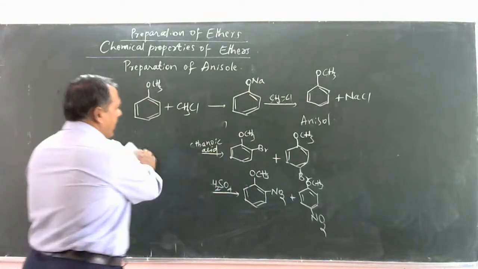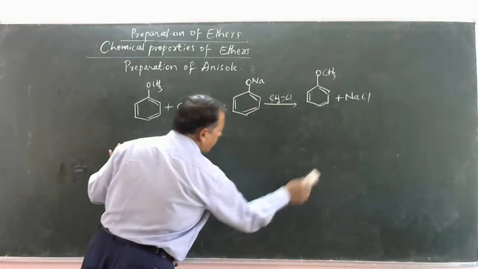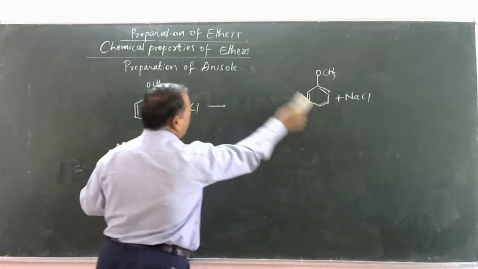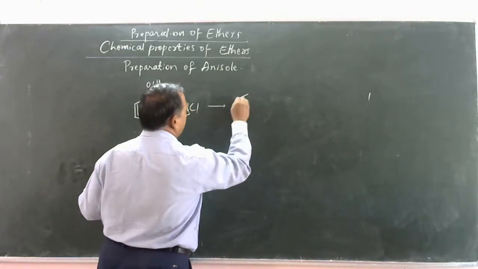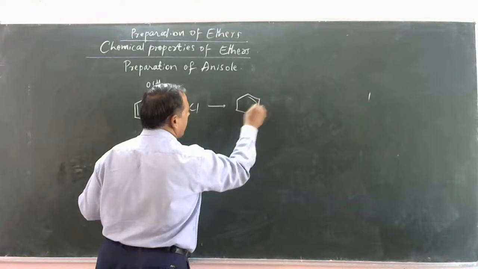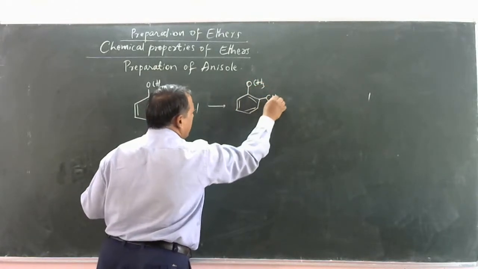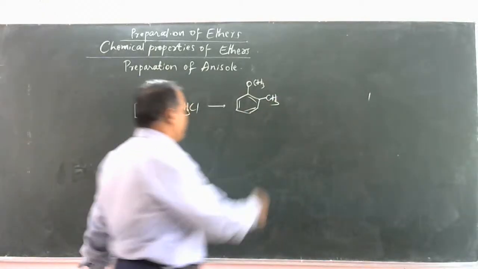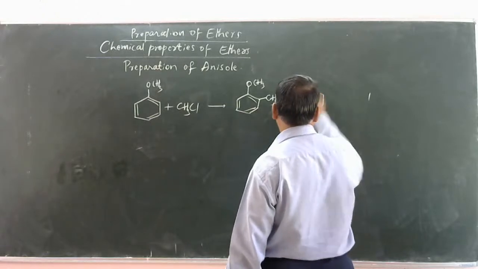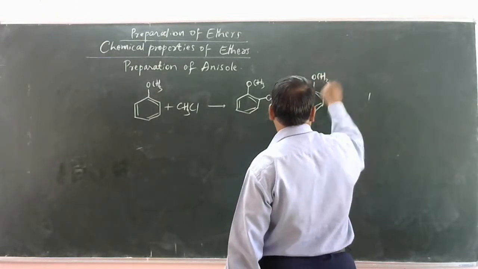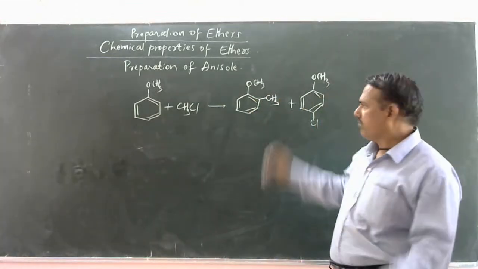In presence of anhydrous aluminium chloride, anisole forms methylanisole. Para, we will get CH3, OCH3, and another with the CH3 group at ortho position. That's all. Again, it is nothing but an electrophilic substitution reaction, like phenols.